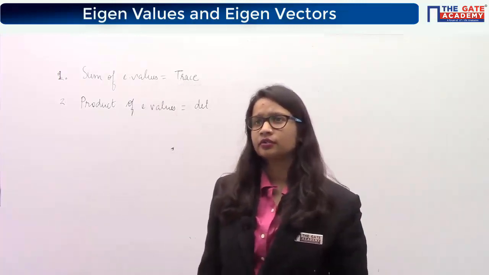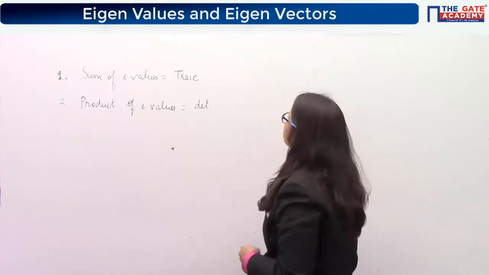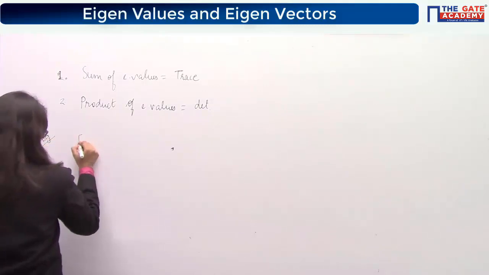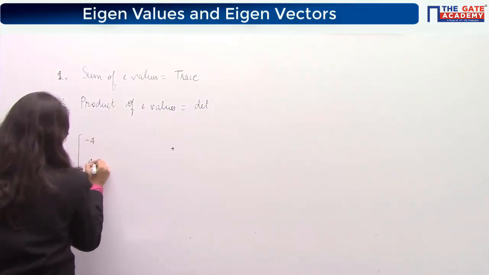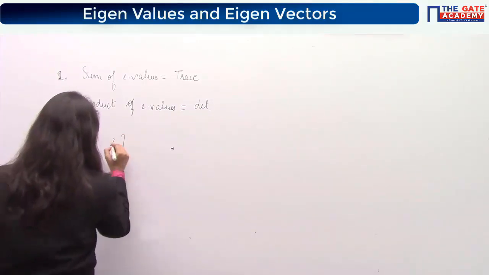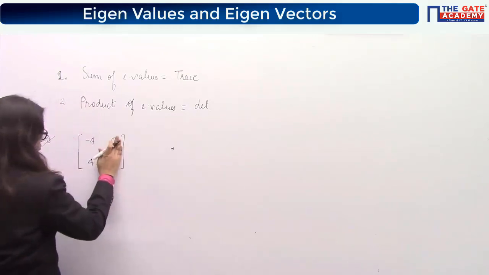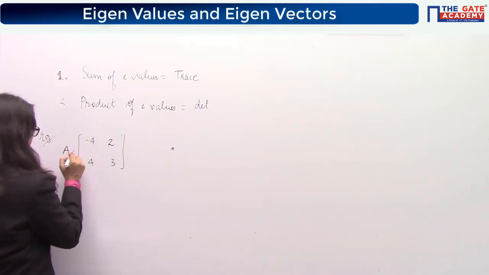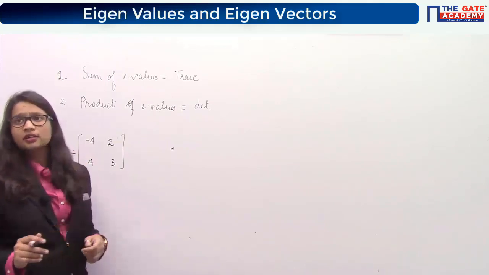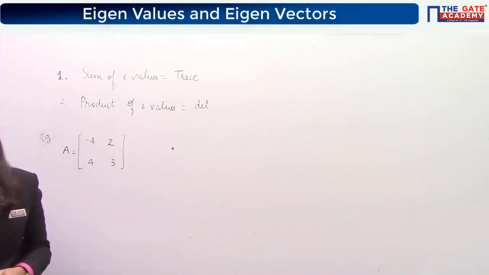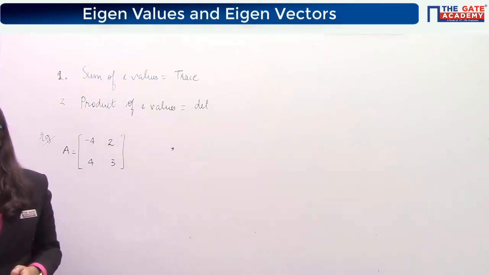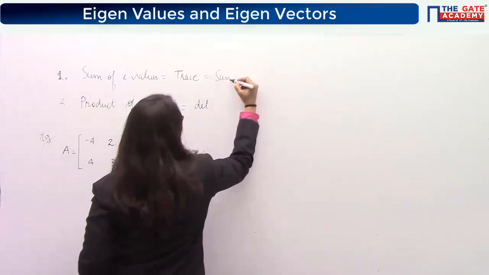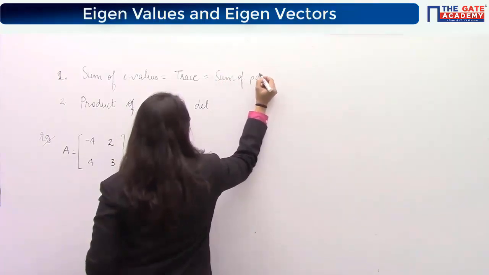Reply. Yes, trace of matrix is known as the sum of principal diagonal elements. Yes, very good. So trace is nothing but sum of principal diagonal elements.